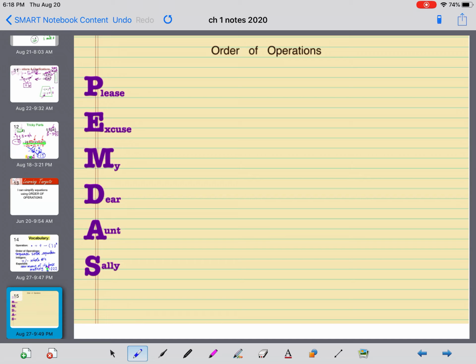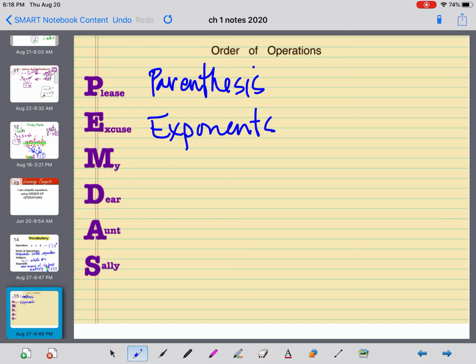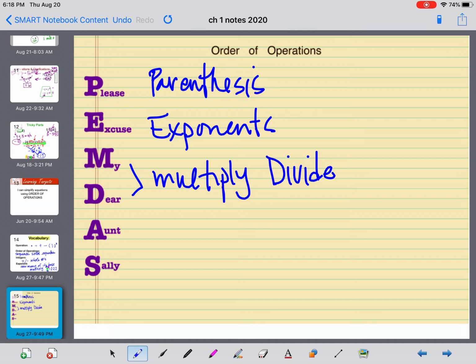Okay, remember the order of operations is parentheses, exponents, multiply and divide. And really, you can do this in any order, but if you work from left to right, you won't go astray, okay?